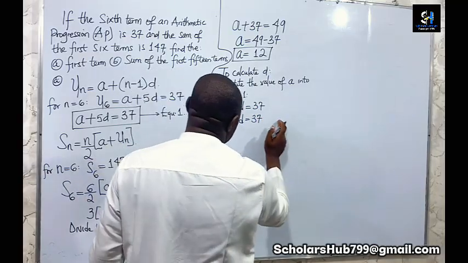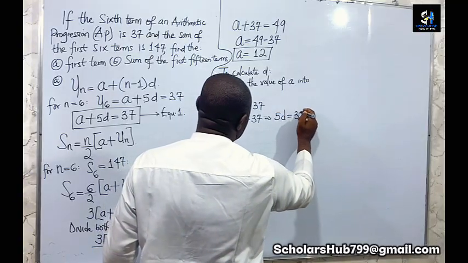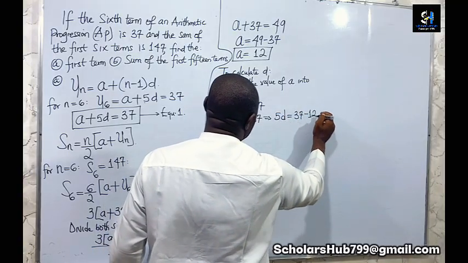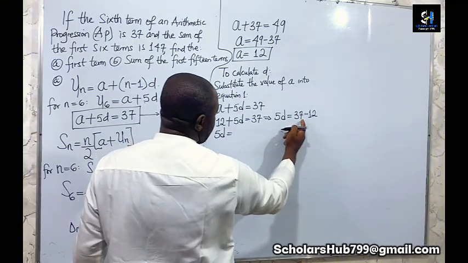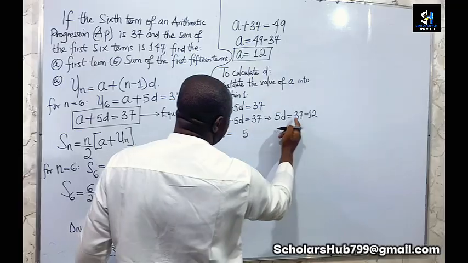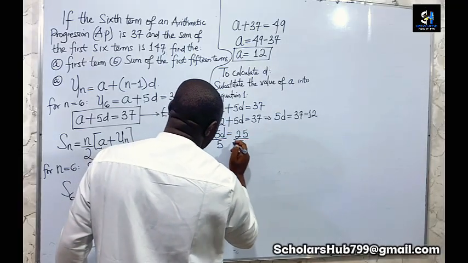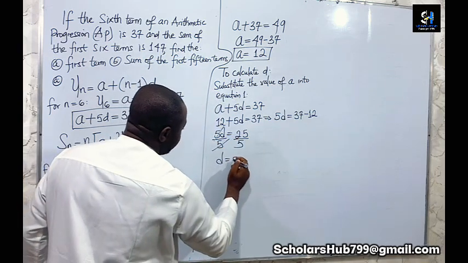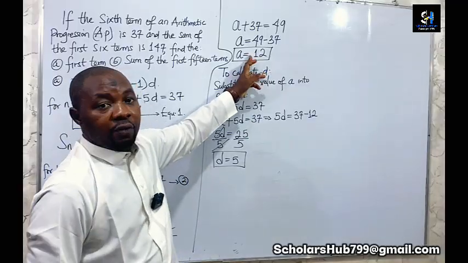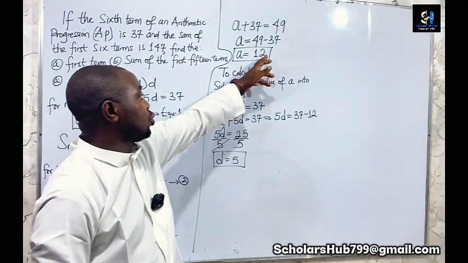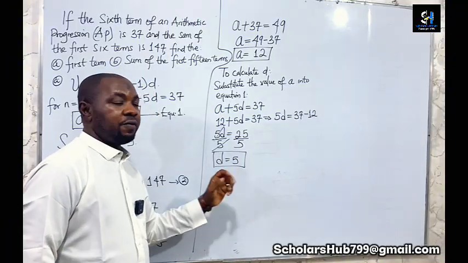I'll move this to the right side so that 5d equals 37 minus 12. Then 5d equals, 7 minus 2 is 5, 3 minus 1 is 2, so 25. If you divide both sides by 5, the value of d will be 5. So now we have that the value of a, the first term, is 12, and the value of d, the common difference, equals 5.